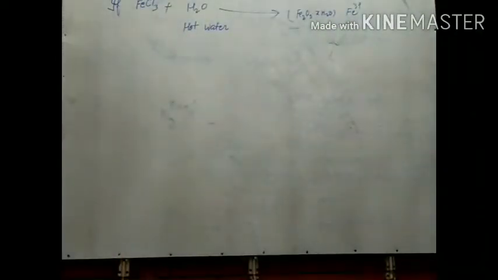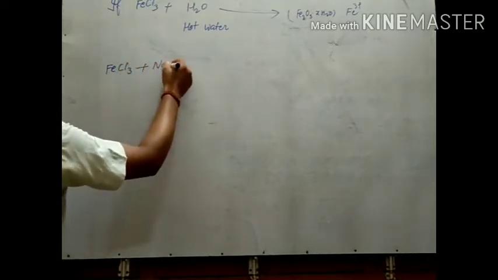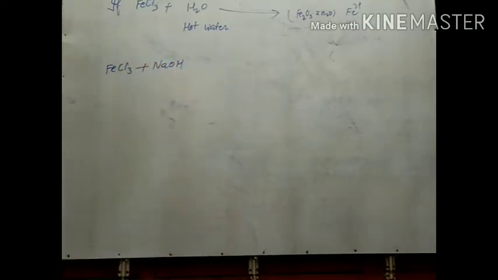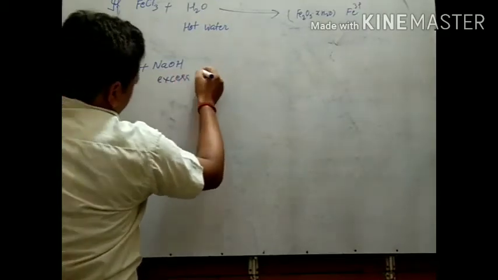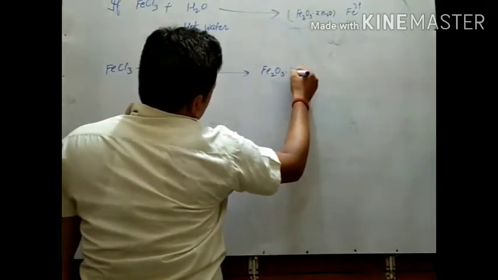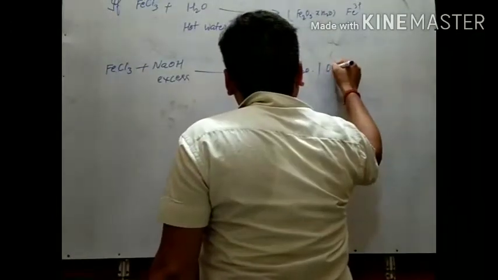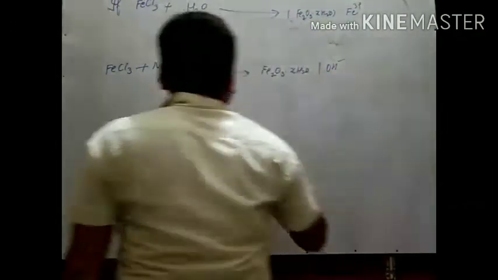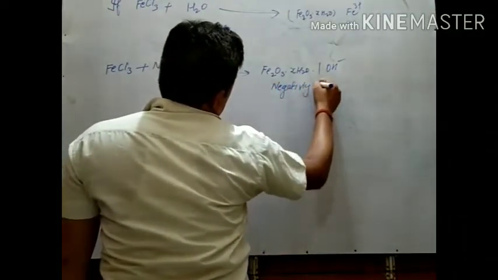If we take FeCl3 and add it to NaOH in excess, it forms Fe2O3 into xH2O and OH ions are adsorbed. So it forms a negatively charged colloid.